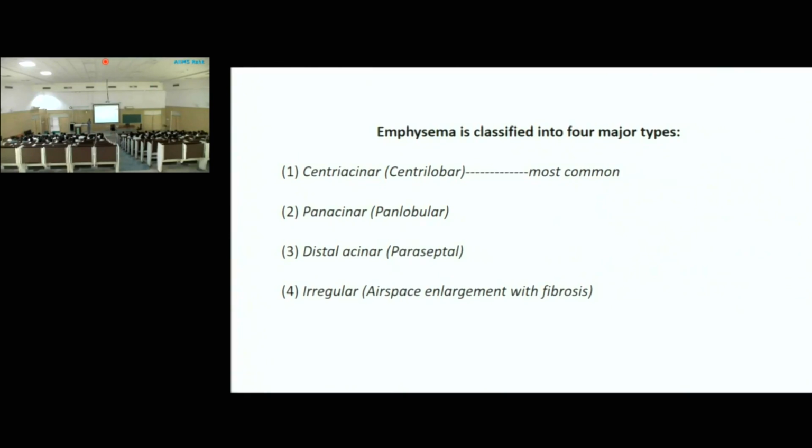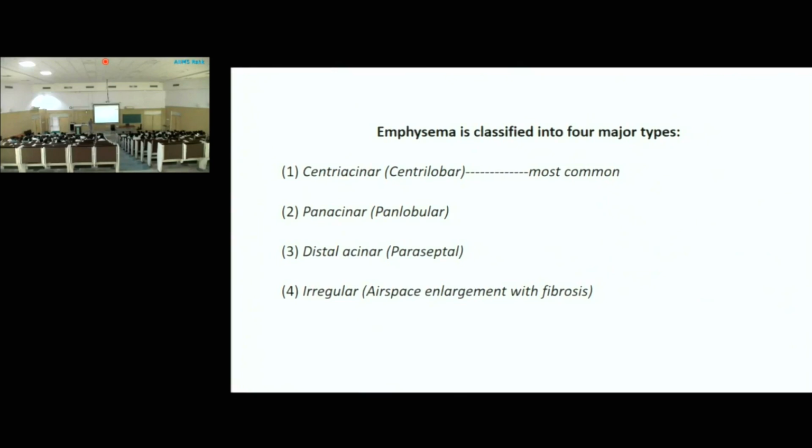Centriacinar. But that is the answer when the patients are symptomatic, right? When the patient is presenting with clinical signs and symptoms, at that time the most common emphysema type is the centriacinar.